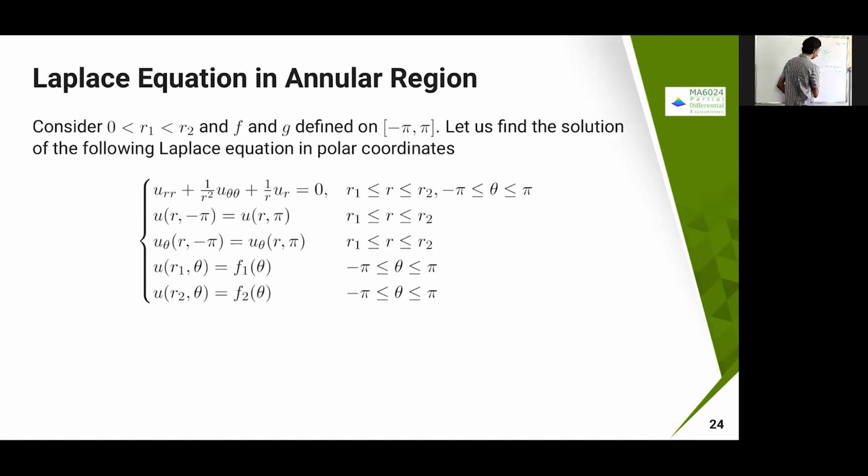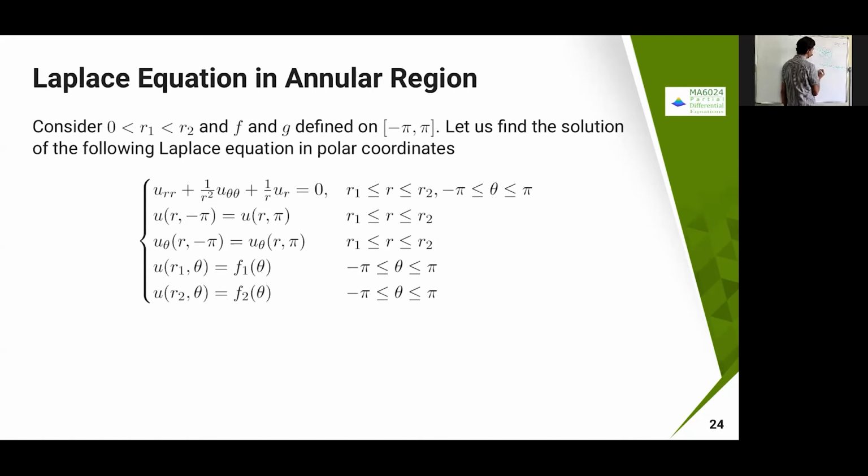So here my problem is this way. I take the same problem, u_rr plus 1 by r u_r plus 1 by r square u_theta theta equal to 0, for r1 less than or equal to r less than or equal to r2.